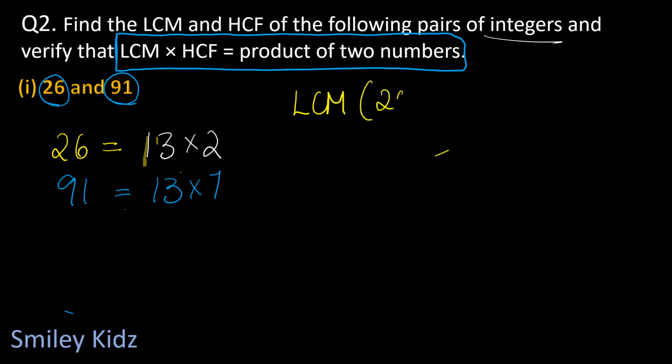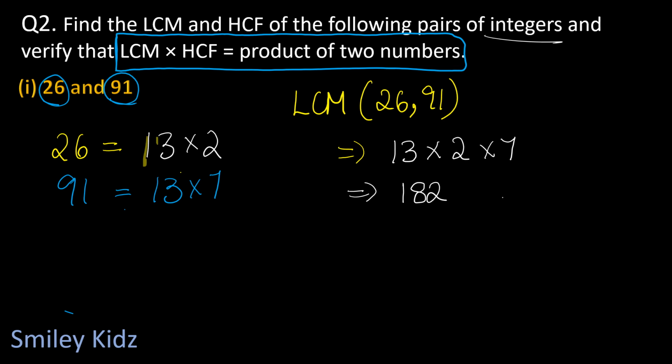LCM of 26, 91 will be the product of the greatest powers, isn't it? And we observe that in this case the LCM will be equal to 13 times 2 times 7. Alright, now what is this equal to? 13 times 2 times 7 is equal to 182, isn't it?